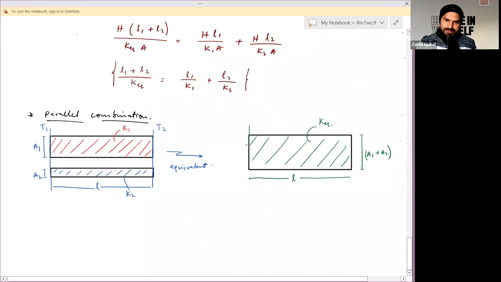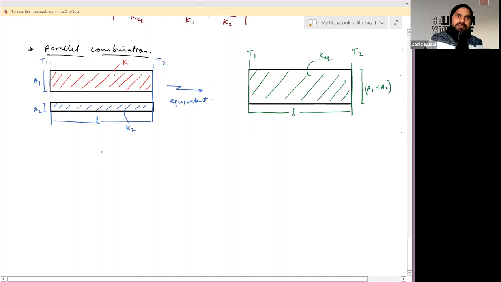Temperature of this end is T1 and temperature of this end is T2. So we have to relate these two different terms.